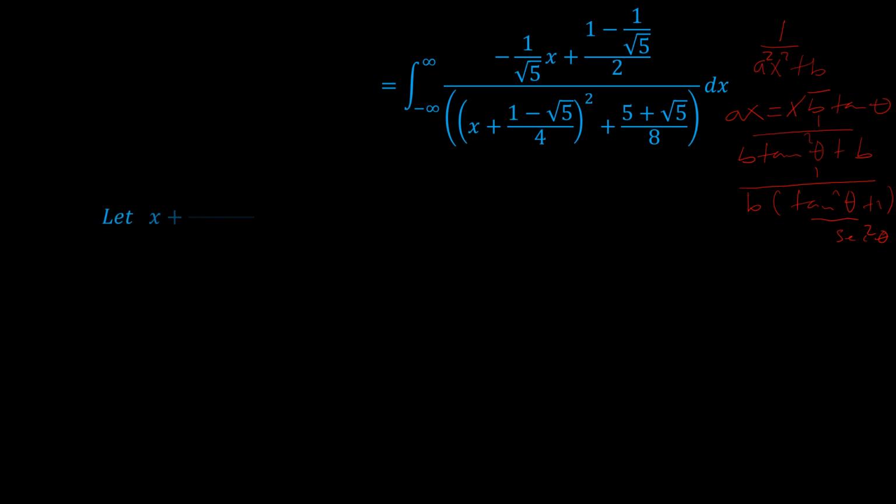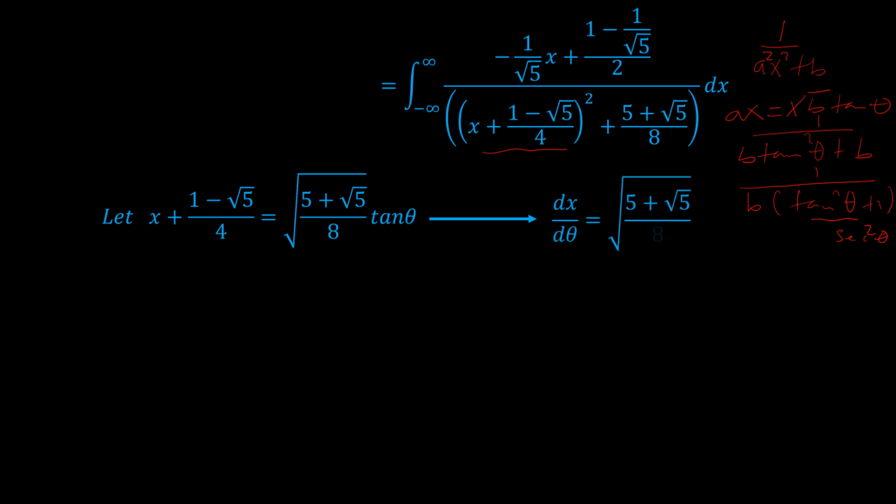So we're going to now use this. We say x plus 1 minus root 5 over 4, this entire thing, is equal to the square root of b, which is the square root of 5 plus root 5 over 8, times tan theta, such that dx d theta is the same as that constant, the square root of 5 plus root 5 over 8, times sec squared theta.